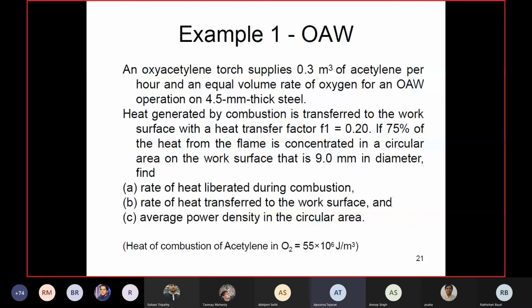Sir, the work surface is the circular area only, no? Yeah.